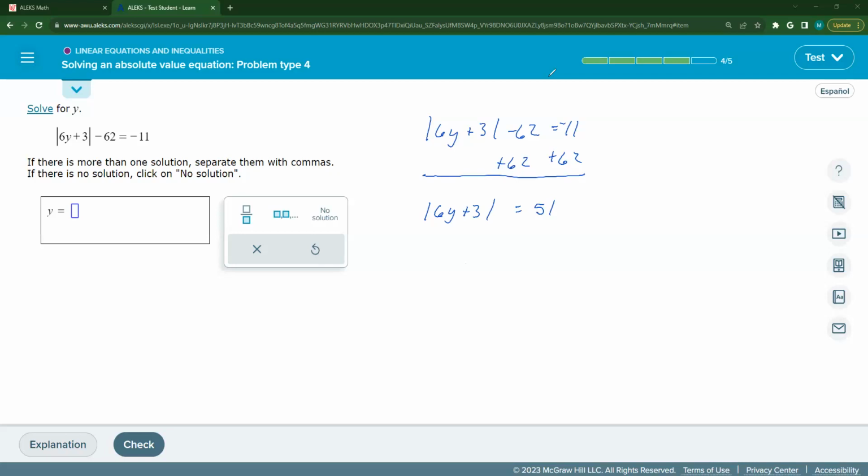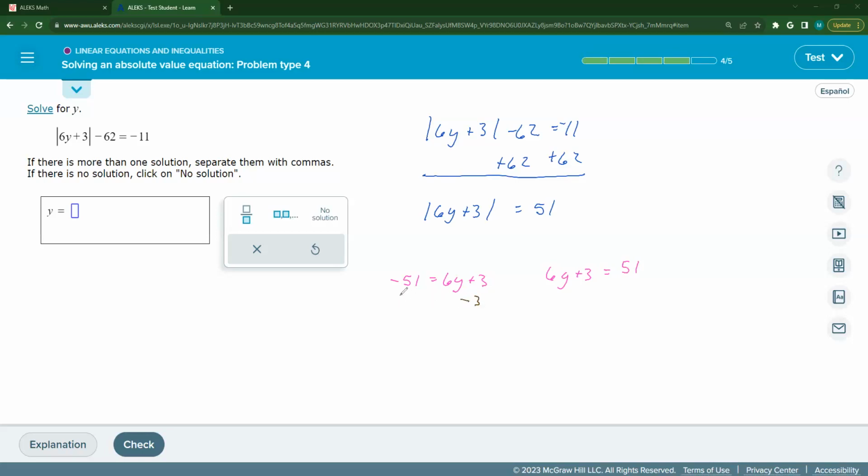Now get rid of the absolute value, thinking, so I'm 51 spaces from 0. I can get rid of the absolute value by saying, if I'm 51 spaces, I'm at negative 51 equals 6y plus 3, or 6y plus 3 equals 51, and that is 51 spaces from 0 as well.